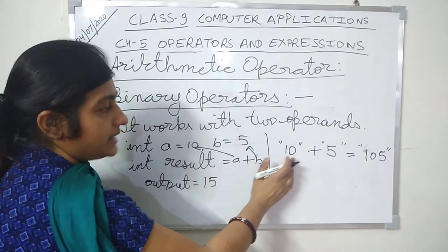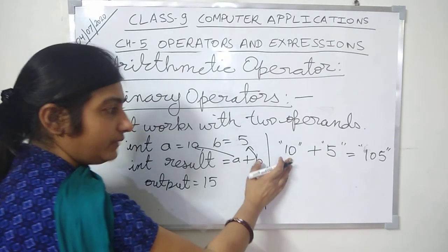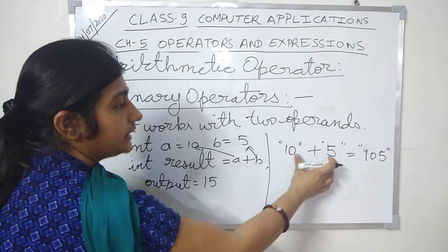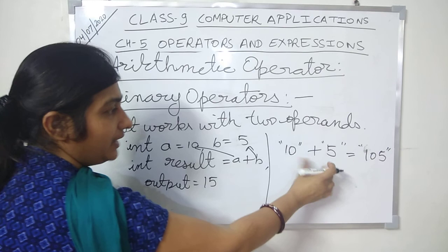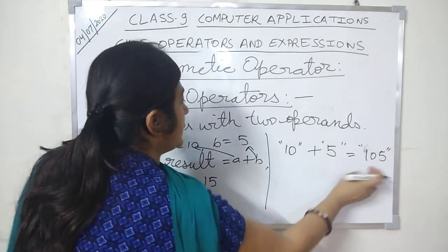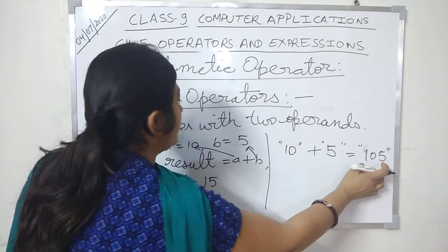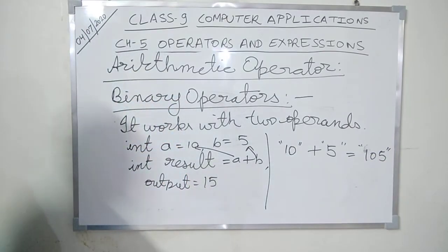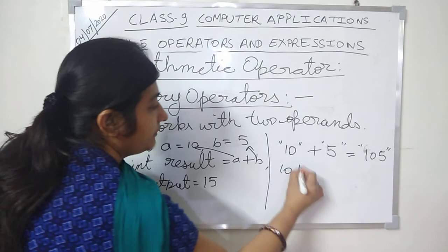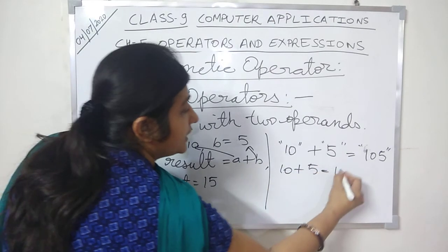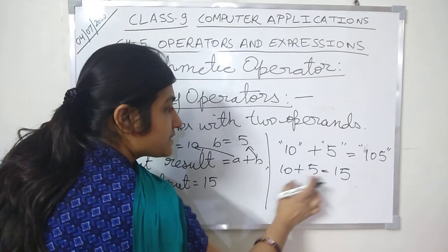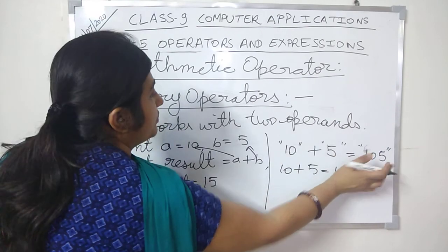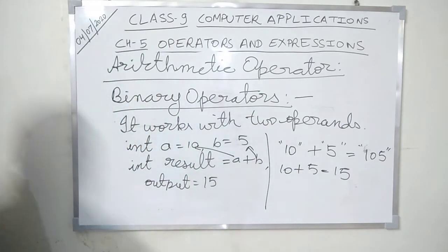It will take them only in the form of a string and concatenate these two strings and produce the result 105. Actually this is not a number, this is also a string. So if we add 10 plus 5, number plus number, it gives a number. But string plus string will produce a string again.